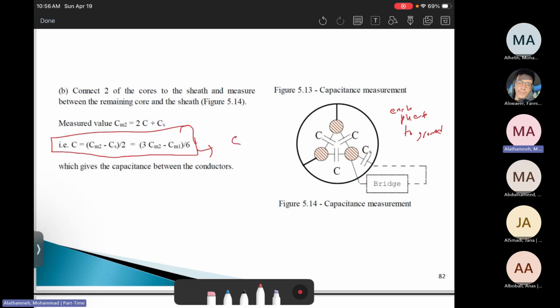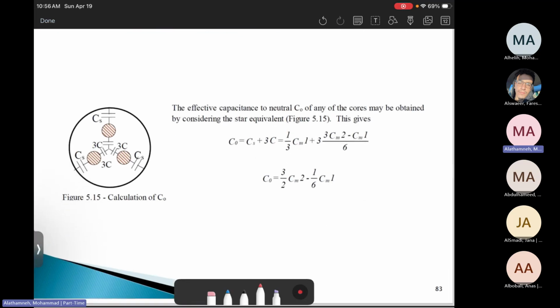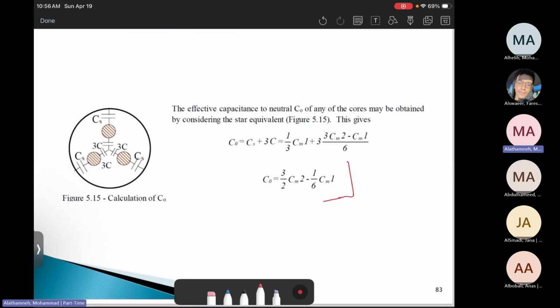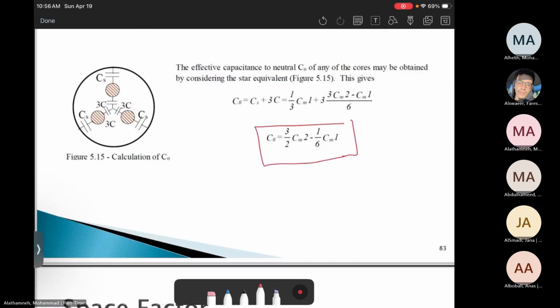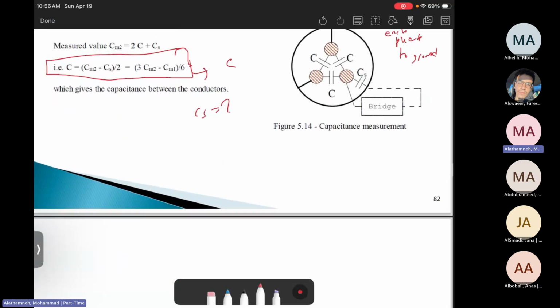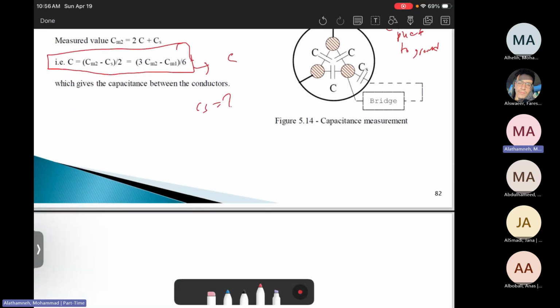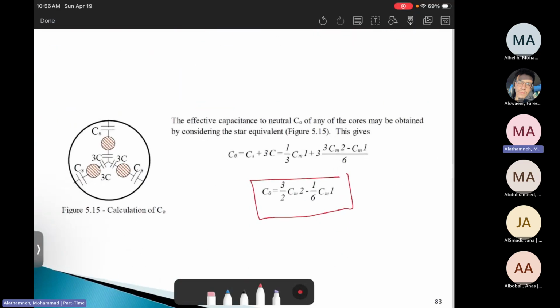Now the next thing, how about calculating Cs? To calculate Cs, or C0, whatever you're going to call it, it is 3 divided by 2 Cm2 minus 1 over 6 Cm1. So in summary, we can calculate C0, which is 3 divided by 2 Cm2 minus 1 over 6 Cm1.